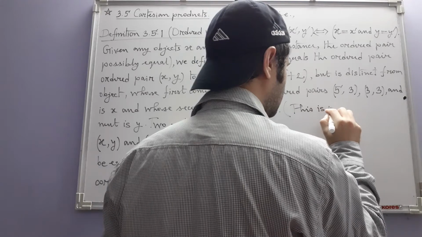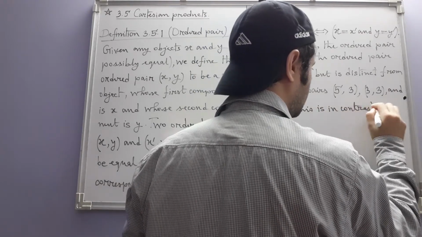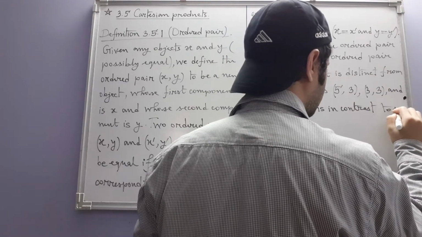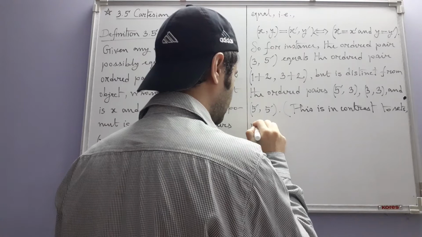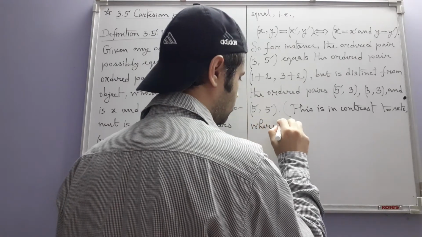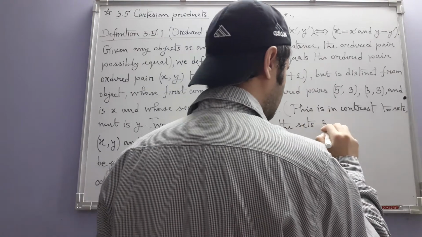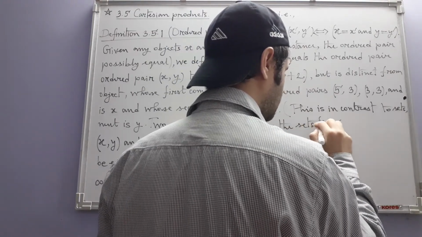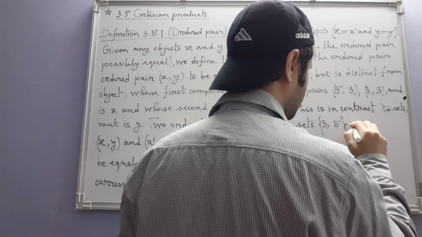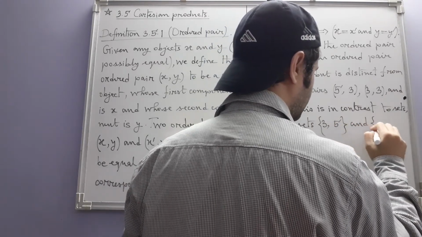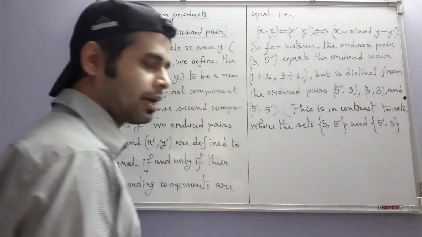This is in contrast to sets, where the set consisting of 3 and 5, if you write it like this or like this, you write 5 first followed by 3, they are actually equal.